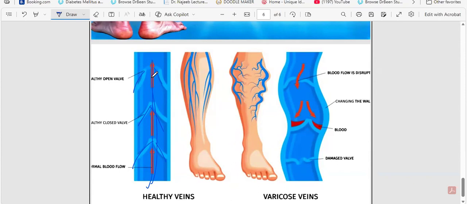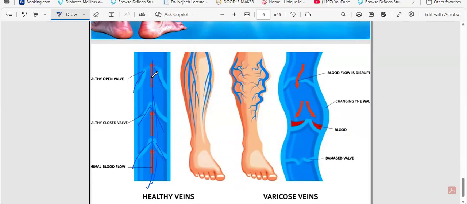The valves cannot bear the weight for a longer duration, so gradually the valves become loosened and get damaged. Due to the damage of valves, blood flow is disturbed.